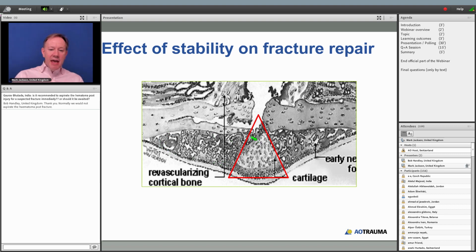And you can see that this area where there's endochondral formation is adjacent to the fracture where the interfragmentary motion is the greatest. At this point where there's intramembranous bone formation, it's at its least, and there is a gradation of interfragmentary motion between those two areas. And we'll look at this a little bit more closely in a second. But essentially the gradation of stability has given us different tissue in the gap.